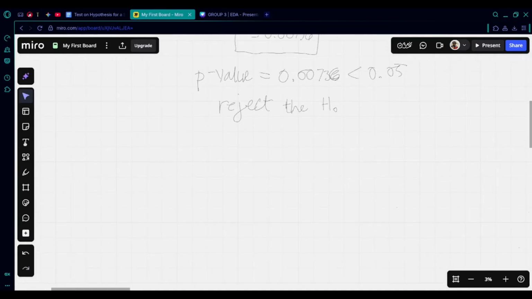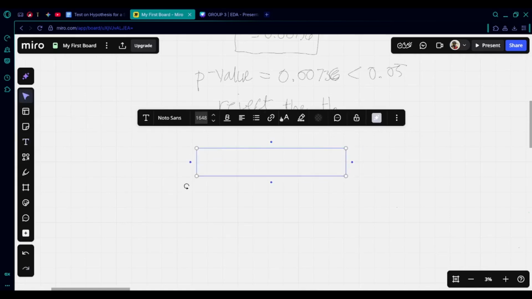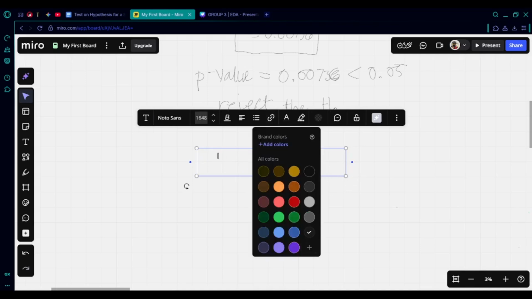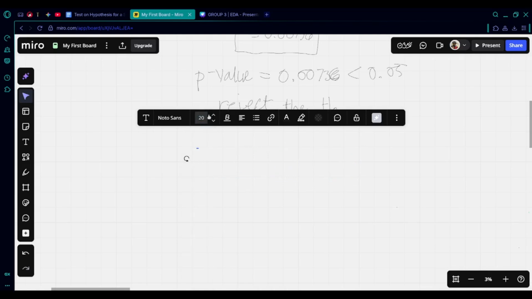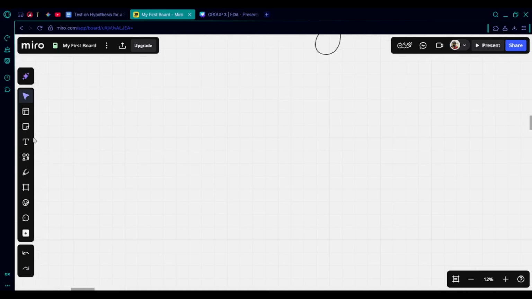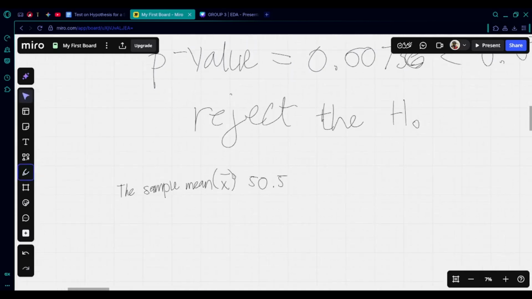So what does it mean? Let's just type it. Let me just change the font size, I think it's too small. Going back, it means that the sample mean, x bar, 50.5, this is our sample mean.